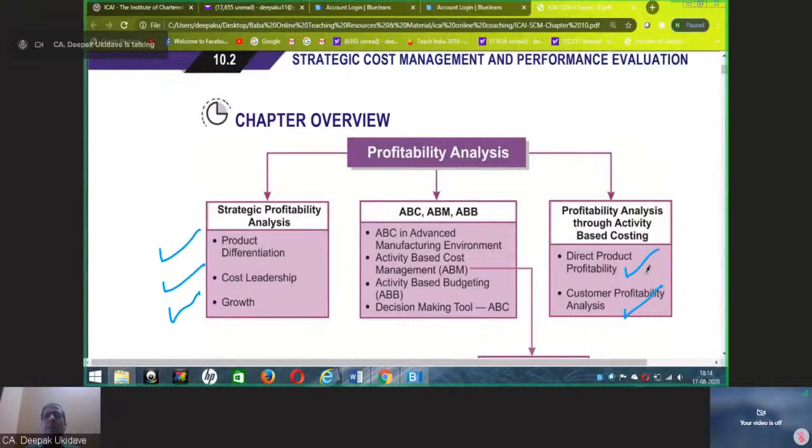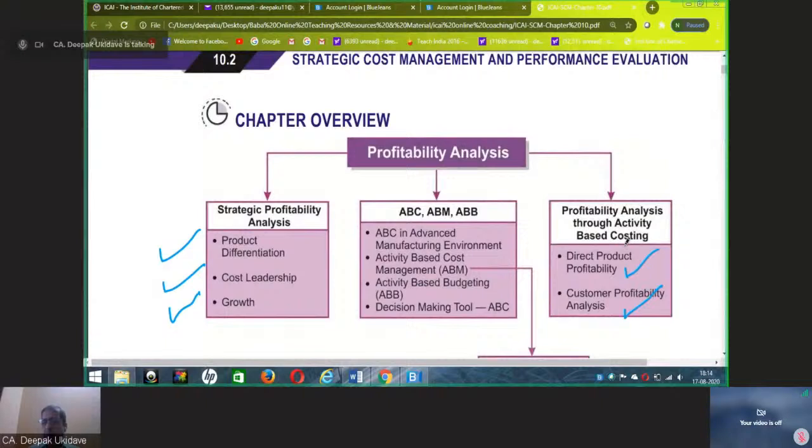What each product is occupying in the godown in terms of square meter or square feet, based on the area occupied, based on the storage space, we distribute the storage cost among the products. So some suitable base is applied for apportionment of these retail costs and supply chain management costs among the products while doing direct product profitability.